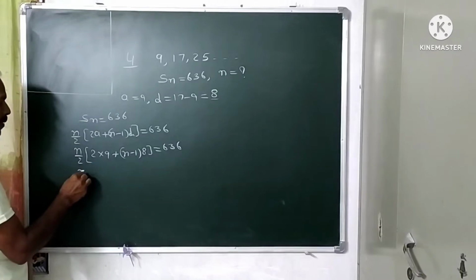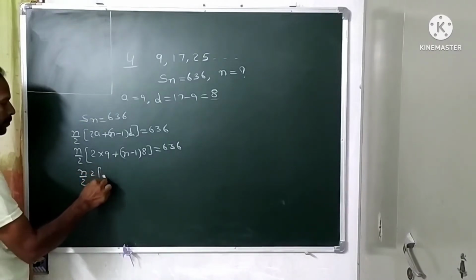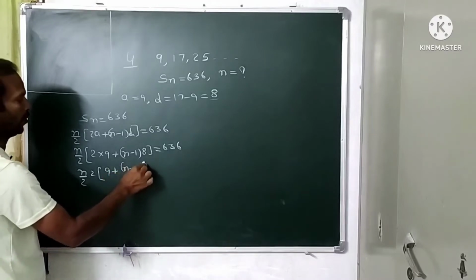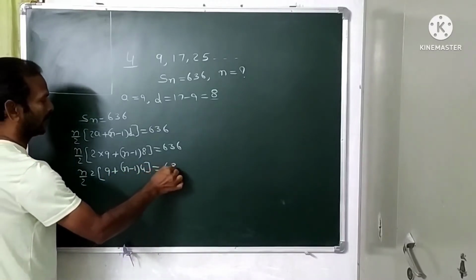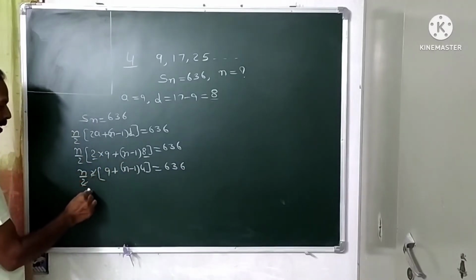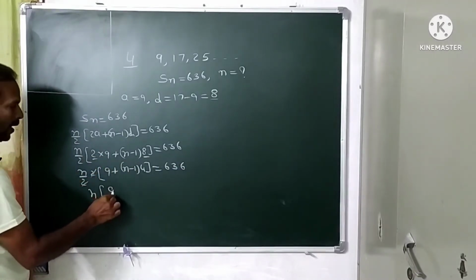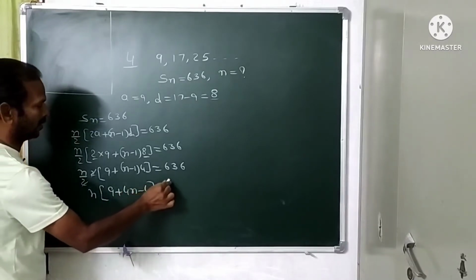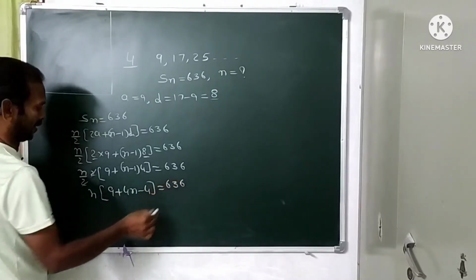So 2 common I am taking here: n by 2 into 2 times 9 plus n minus 1 times 4 equals 636. Here and here 2 common taken. These 2 cancel. n times 9 plus 4n minus 4 equals 636.